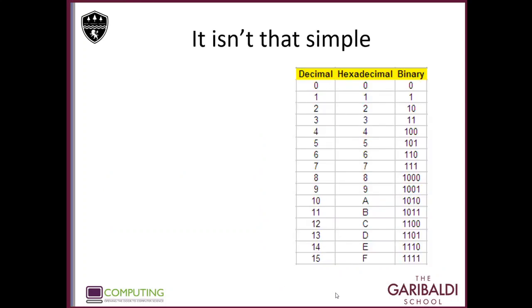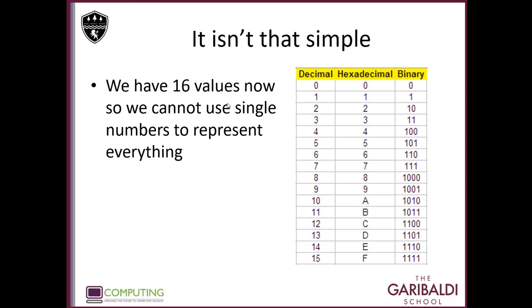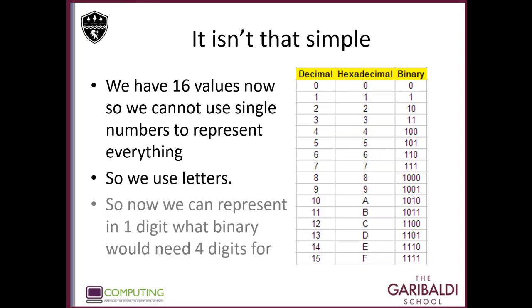So, it isn't that simple though. We have 16 values now, so we can't use single numbers to represent everything. So we use letters instead. Now we can represent in 1 digit what binary would need 4 digits for.